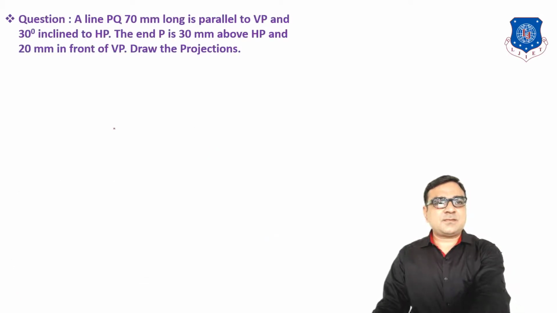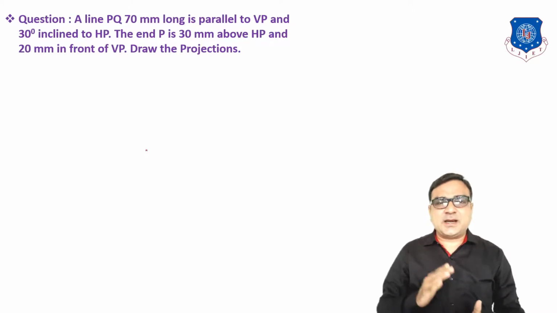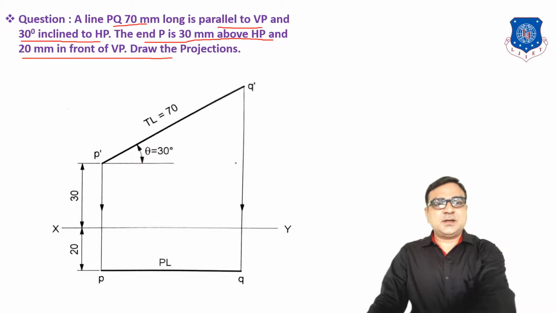Now look at one question regarding the last case, when the line is inclined to HP and parallel to VP. Your question is: a line PQ, 70 mm long, is parallel to the vertical plane and inclined 30 degrees to HP, and point P is 30 mm above HP and 20 mm in front of VP.